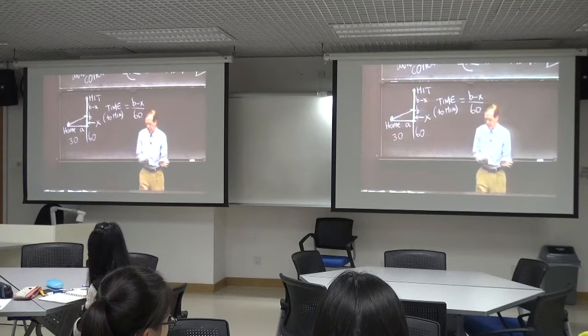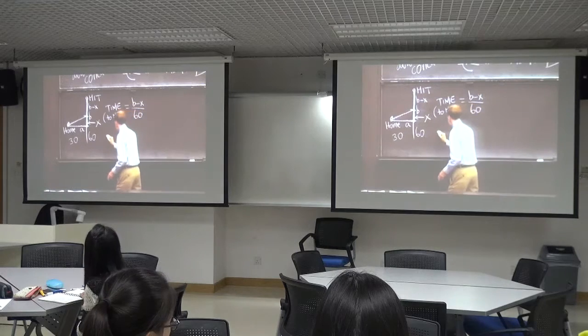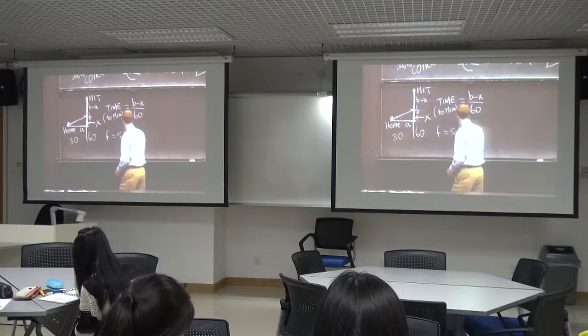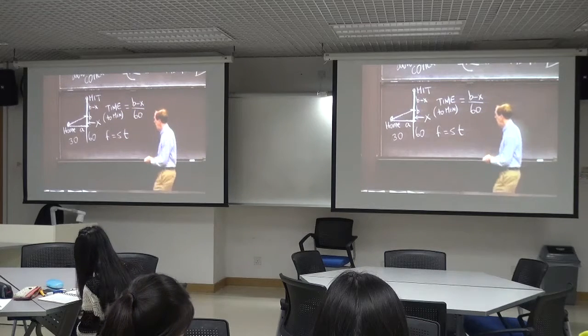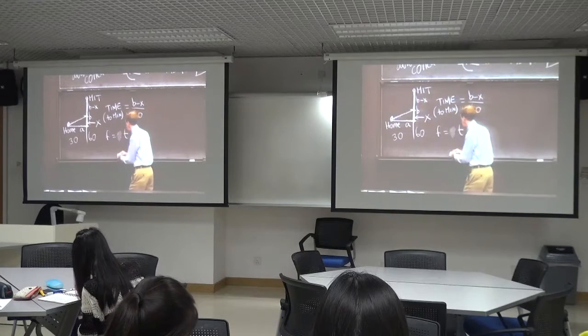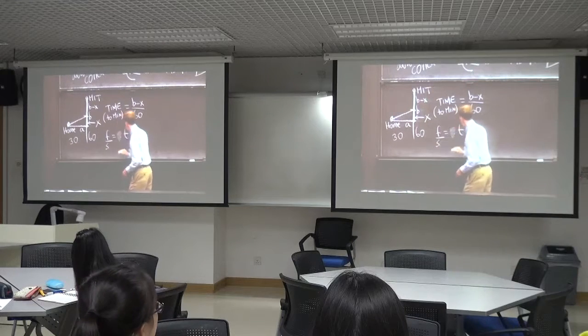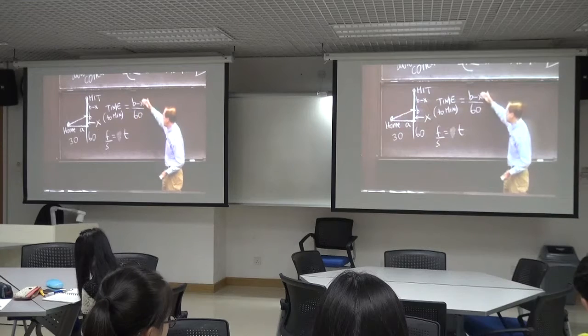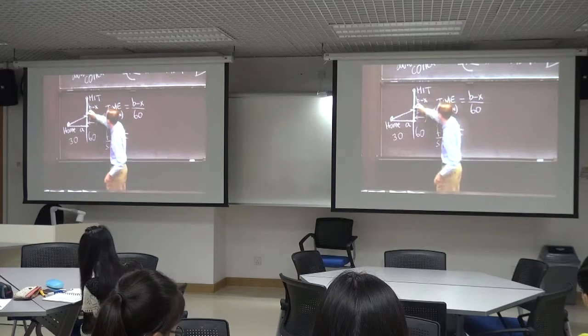Am I remembering correctly? Distance is speed times time. That's the one we know. And then if I divide by the speed, the time is the distance divided by the speed. The distance divided by the speed on the pike.